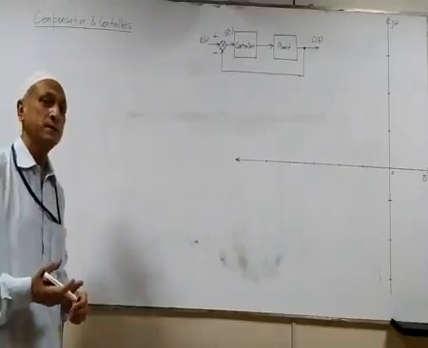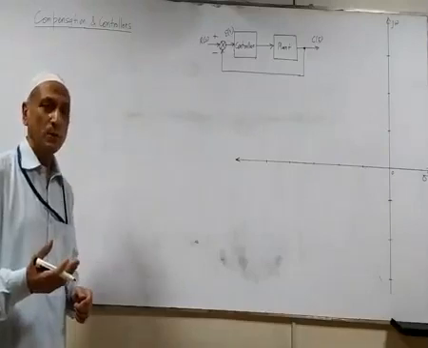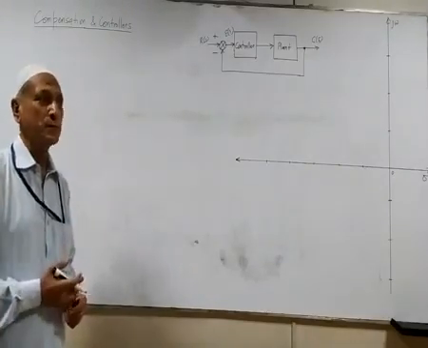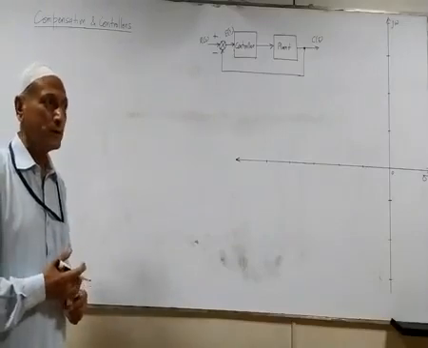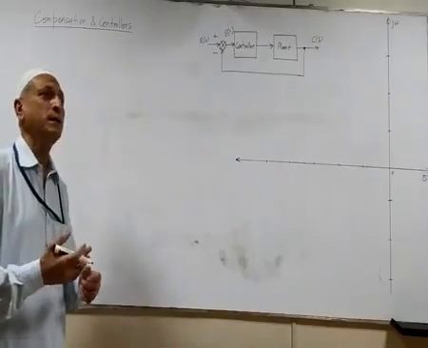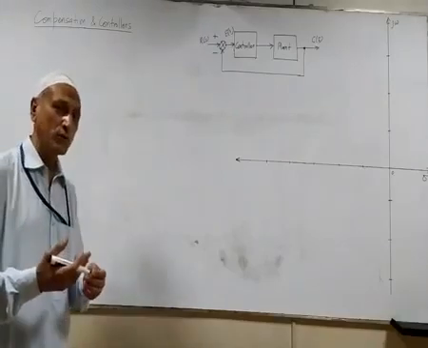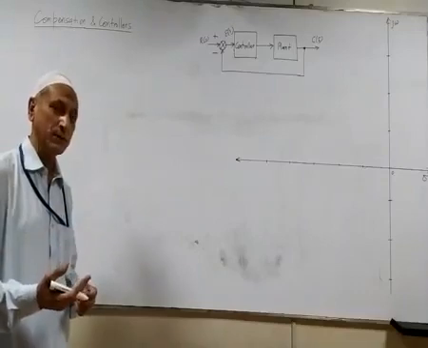Now, this is in continuation with the previous lecture concerning compensation and controllers. In the last lecture, we were given a unity feedback system with an open loop transfer function. We plotted the root locus and found that the system had a root locus going towards instability.